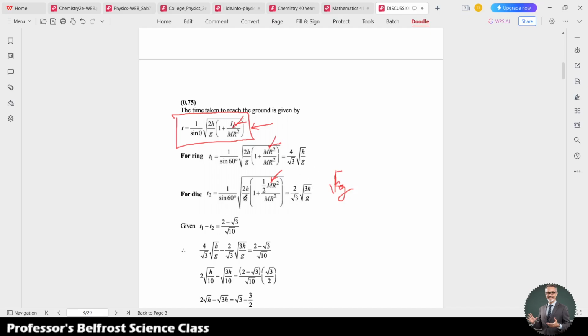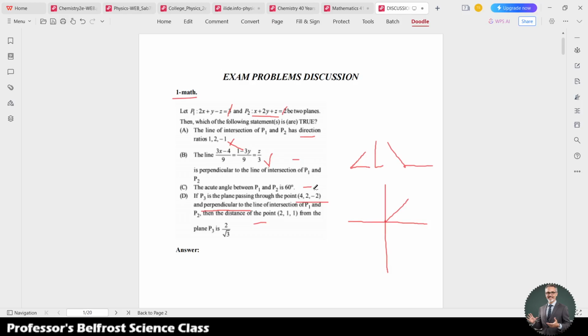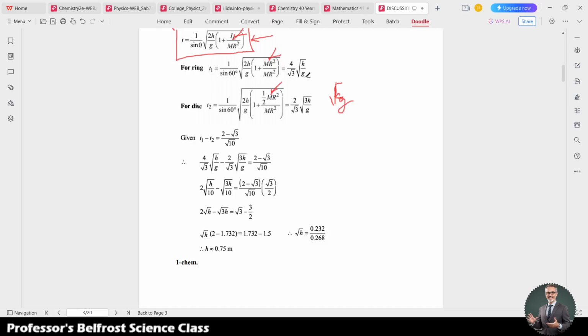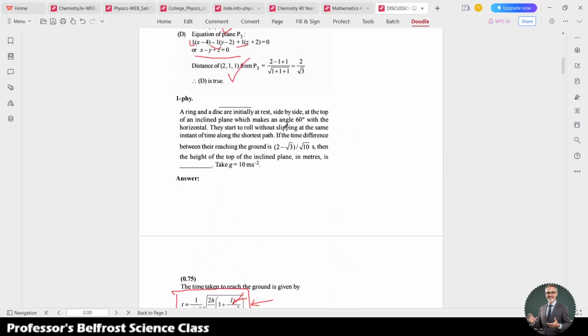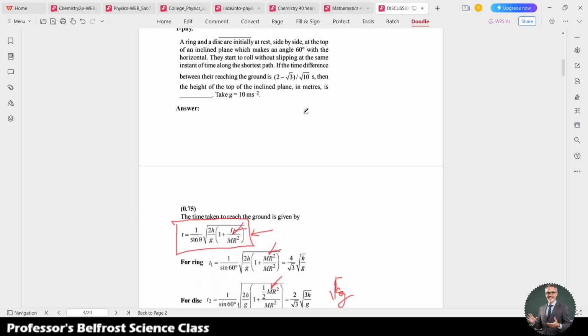So you have 4 minus 2 square root 3 over 3 like this. Quite difficult sometimes. Yeah, you can see it is done as shown. You have been told that the time difference is this, and you are about to find the height.